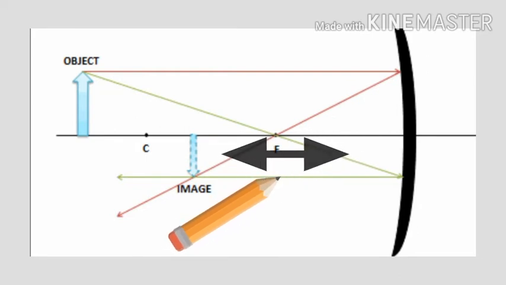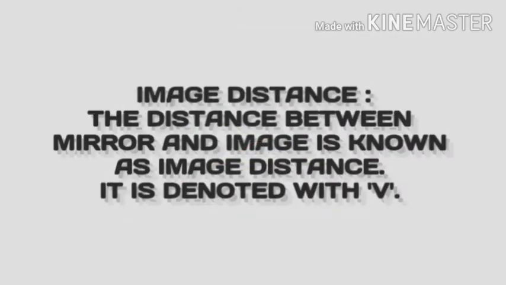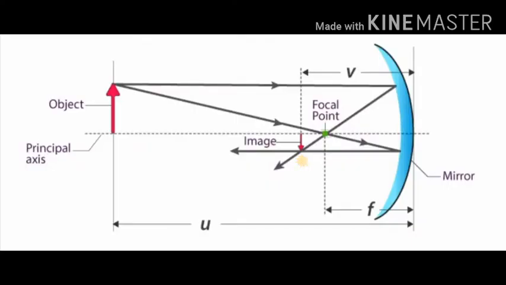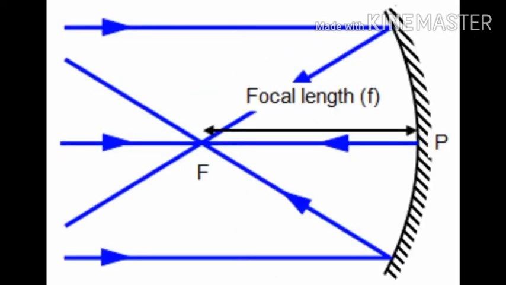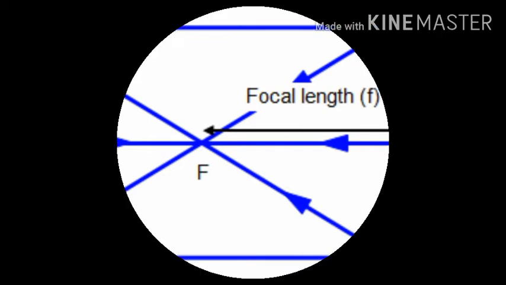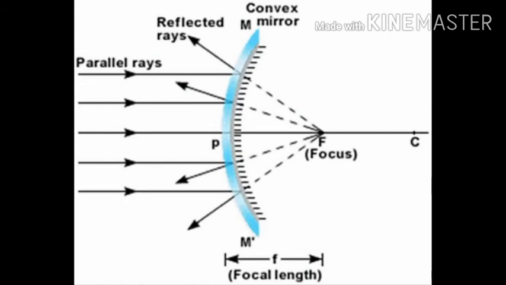If the formed image is a real one, then that image is formed on the left side of the mirror, in front of the mirror. If it is a virtual image, then it is formed behind the mirror, on the right side of the mirror. The distance between the principal focus and the mirror is known as the focal length, and it is represented with a small letter f.